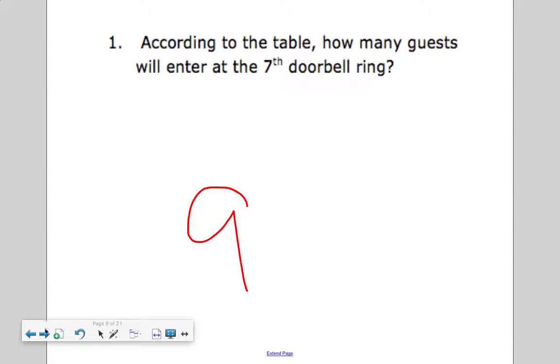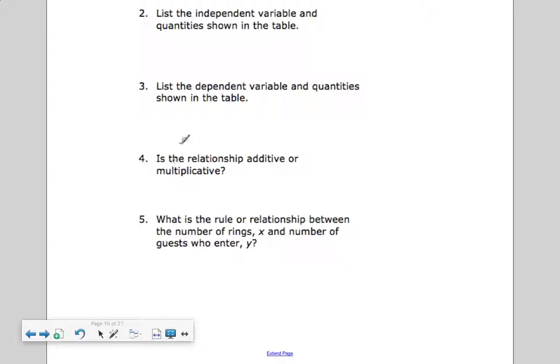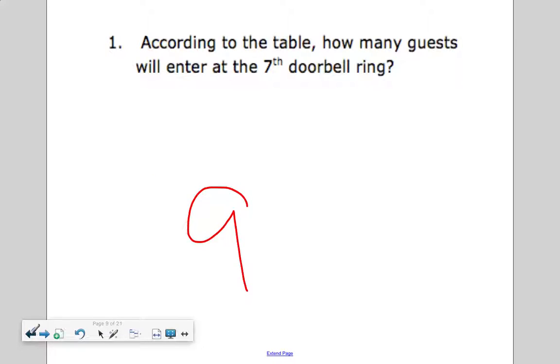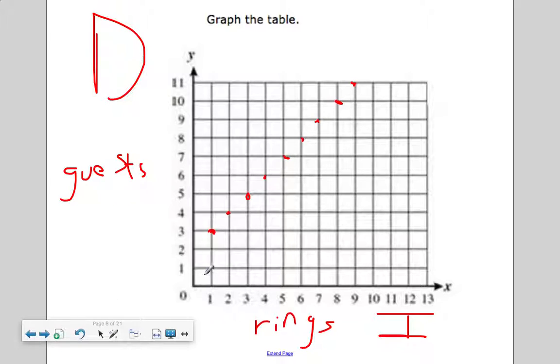So the dependent is the guests, while the independent is the rings, the number of rings. So it says, list the independent and dependent quantities. Some of the independent quantities are 1, 2, 3, 4, 5, 6.